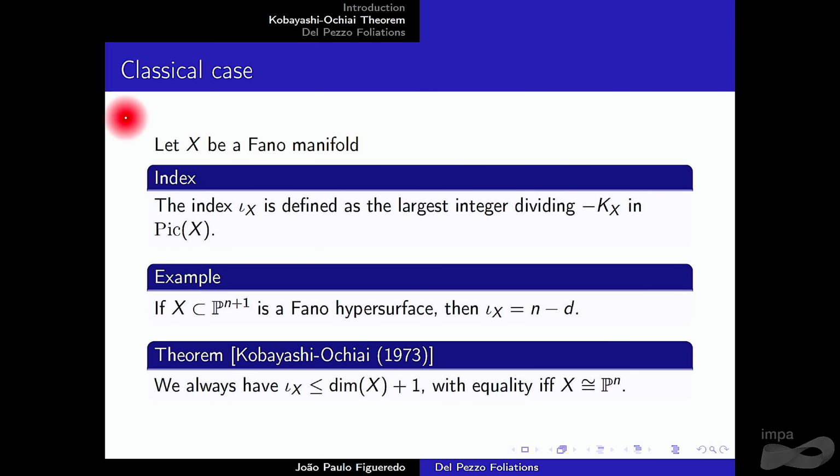Let's go back to a Fano manifold X. You can define the index of X as being the largest integer dividing the anticanonical bundle in Pic(X). So that means that minus K_X is equal to I_X times an ample divisor. And this I_X is the largest integer that we can choose in this way.